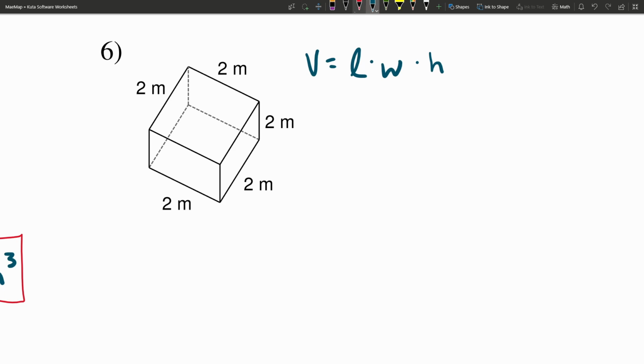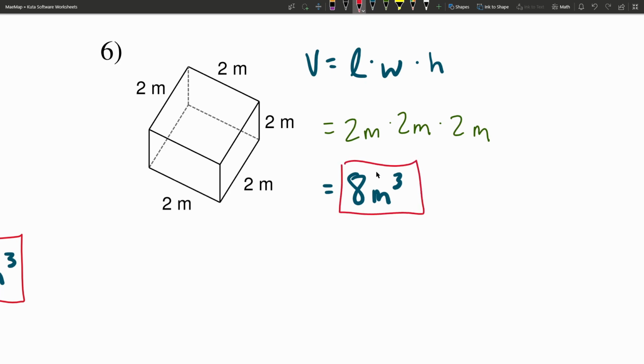And in this case, everything is 2. So we're going to get 2 meters times 2 meters times 2 meters. 2 times 2 is 4. 4 times 2 is 8. So this is 8 meters cubed for our volume in number 6.